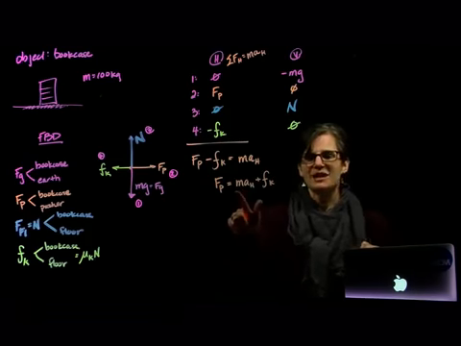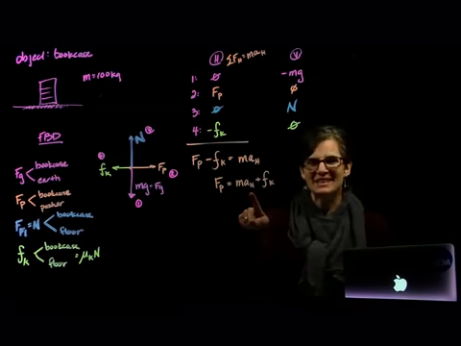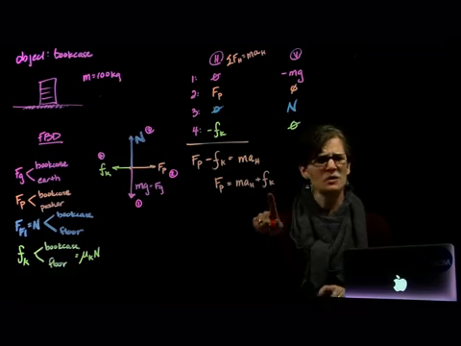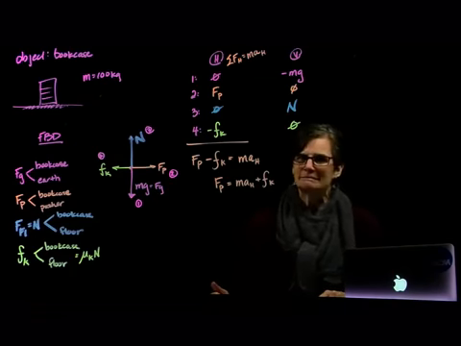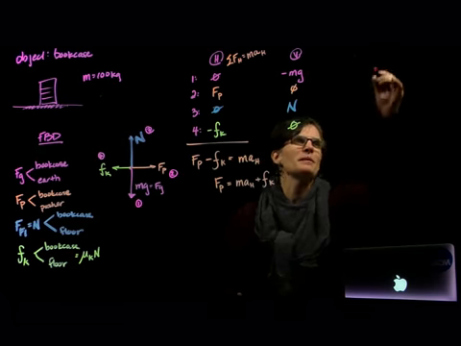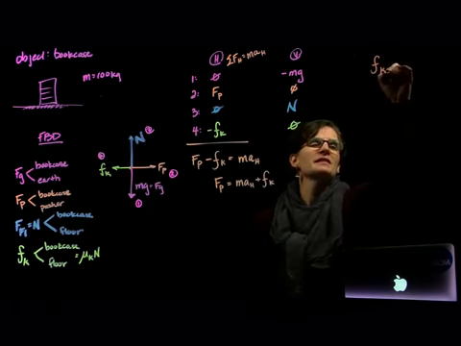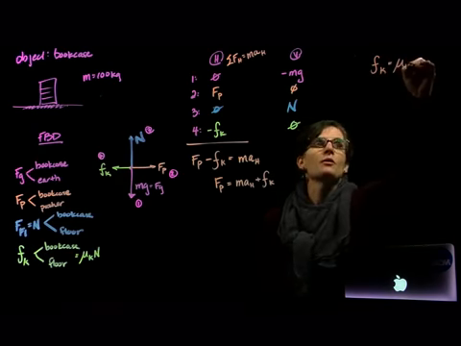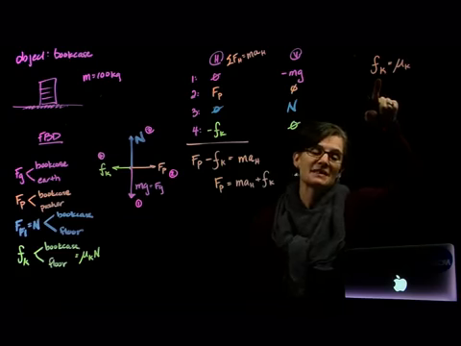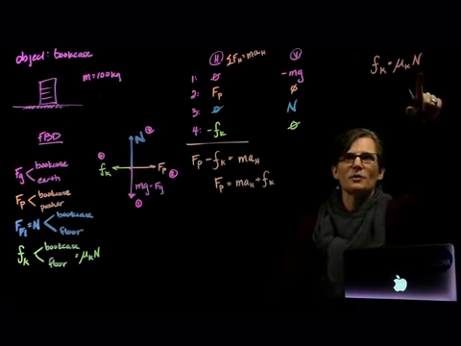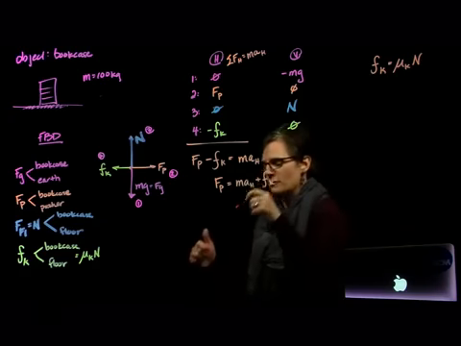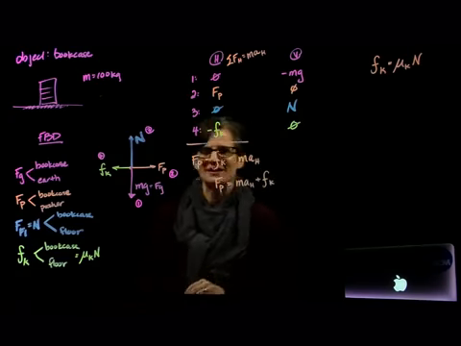Well, I know the mass, that's 100. I know the acceleration, that's given as 2, but I don't know the frictional force. I'm given the coefficients of friction. That's not the frictional force. Remember, the frictional force is equal to the coefficient of its respective type, in this case kinetic, times the normal force. I need the normal force. The normal force is related to the vertical direction in this example.